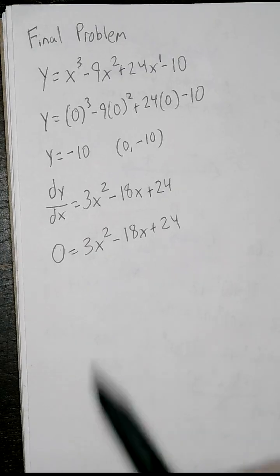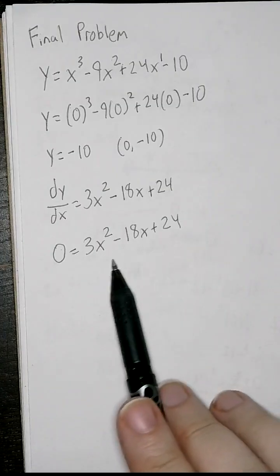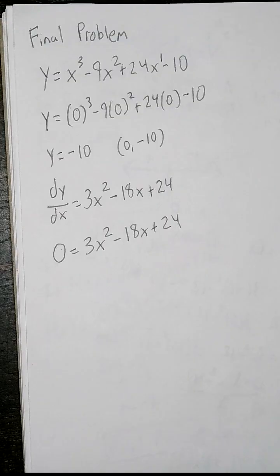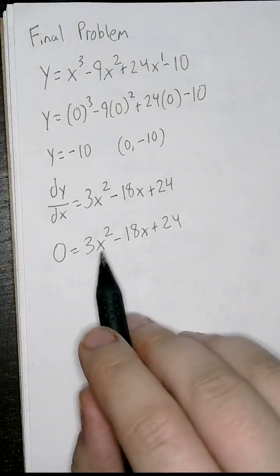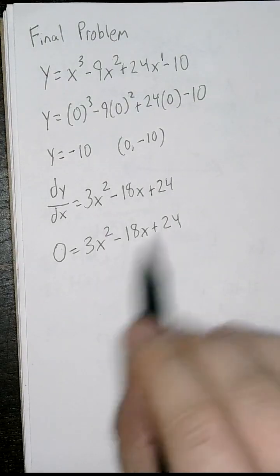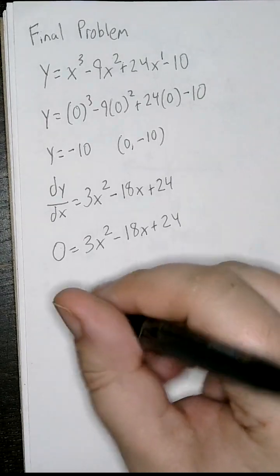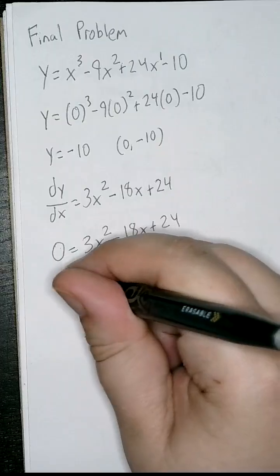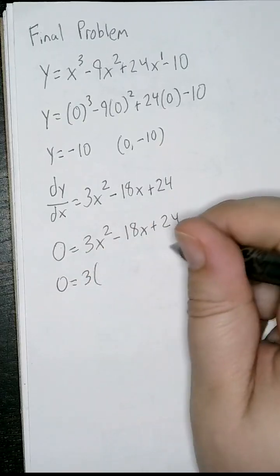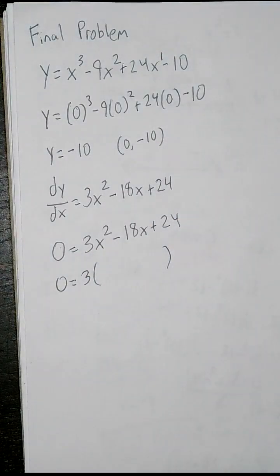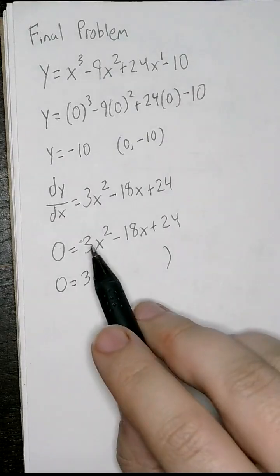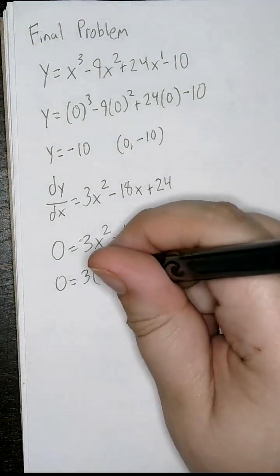Do you see what I see here? GCF of 3. That's right, Jaden. So I can factor a 3 out of all 3 of those terms. So I have 0 equals 3 times the following. 3x squared divided by 3 is x squared.